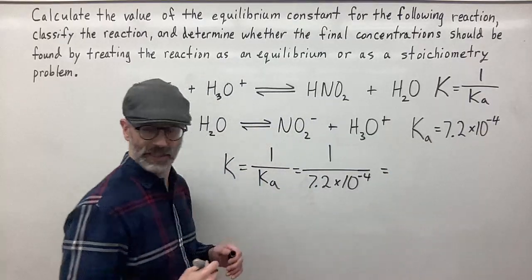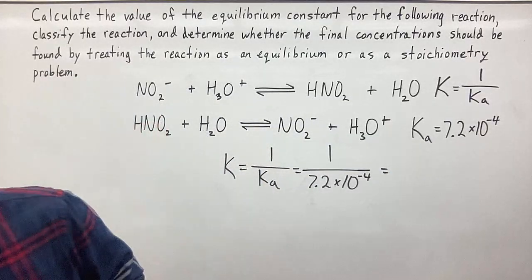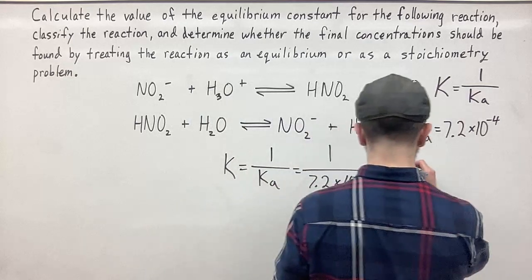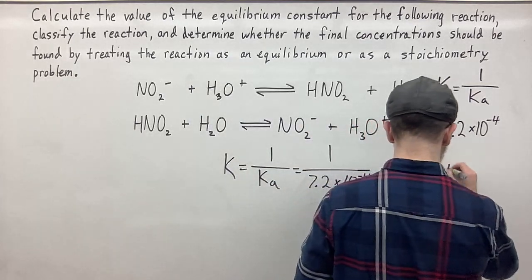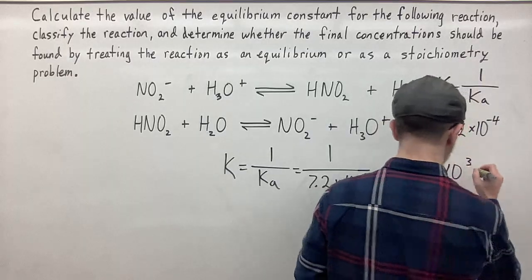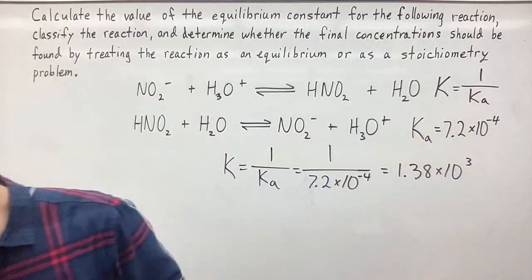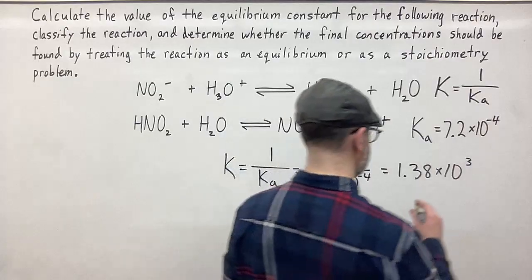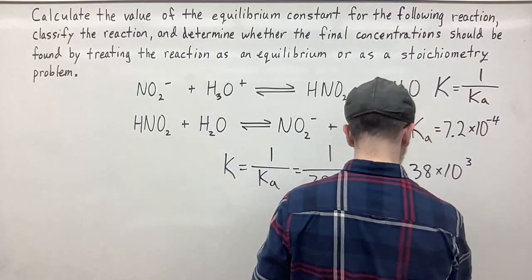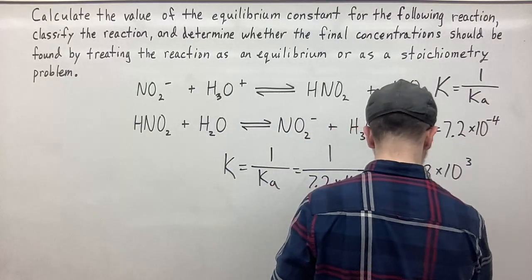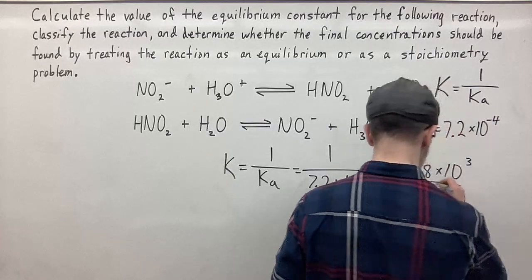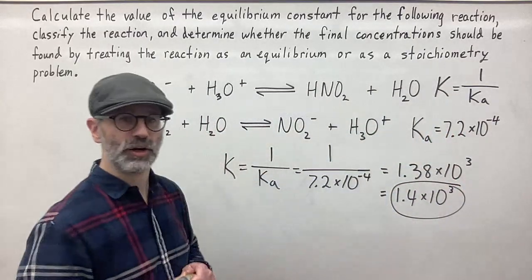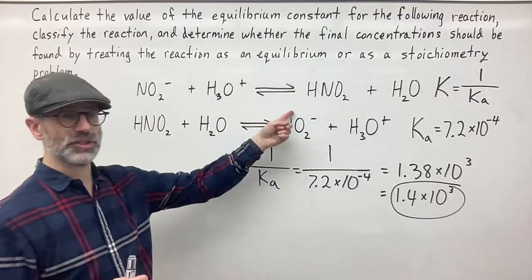And when we calculate that out, we get 1.38 times 10 to the third. Let me double check that. Yep, 1.38 times 10 to the third. And if we round that to 2 sig figs, we get 1.4 times 10 to the third. And that is how you get the K value for this reaction.